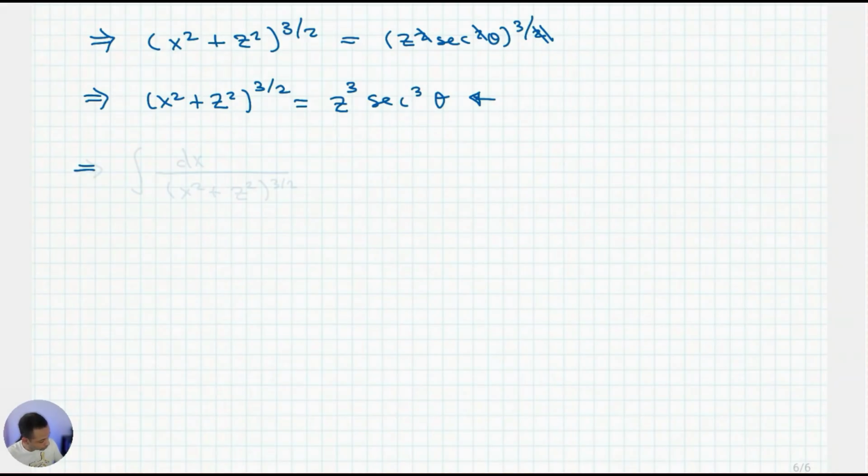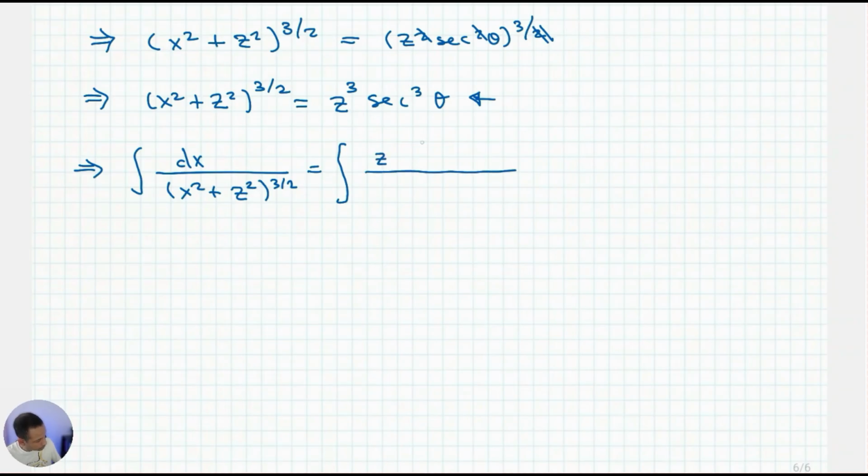So we get the integral of x divided by (x squared plus z squared) to the 3/2 is equal to the integral of dx, but remember, dx is equal to z secant squared of theta d theta, divided by (x squared plus z squared) to the 3/2, which is equal to z cubed multiplied by secant to the 3rd power of theta. We simplify this as much as we can.